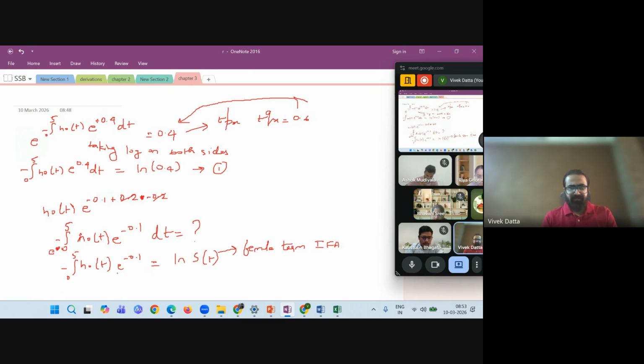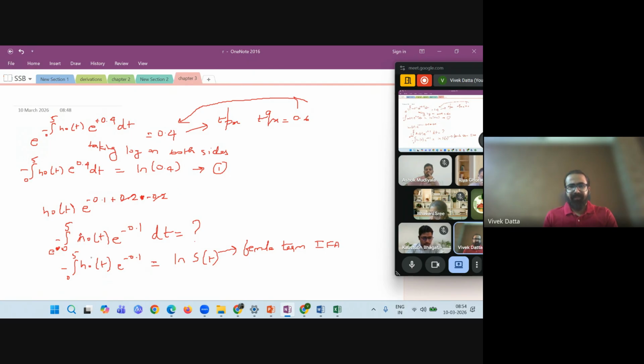Now, can I not solve this if I know the value of this? What is the value of this? E raised to x is e raised to x.